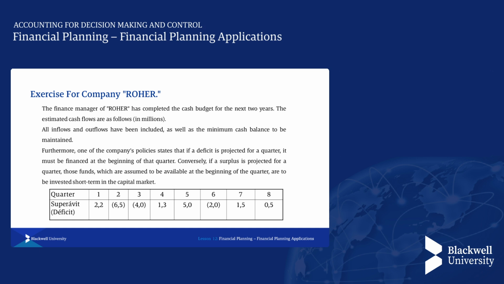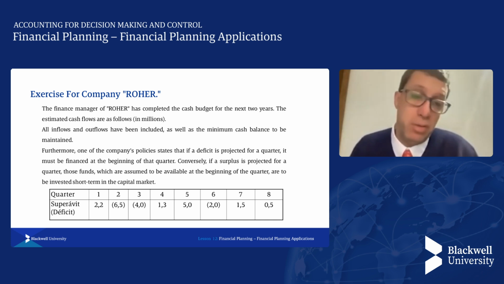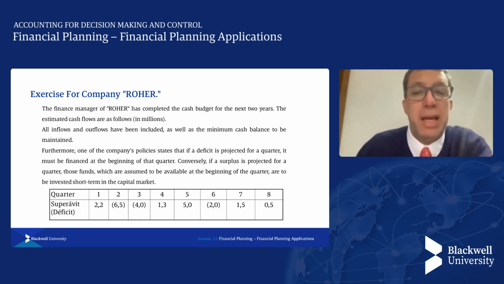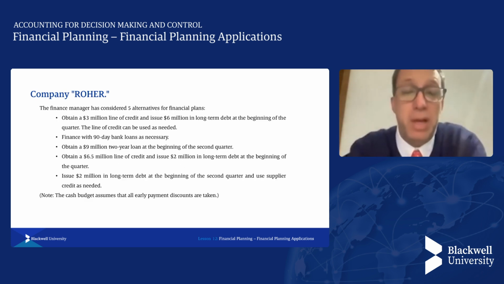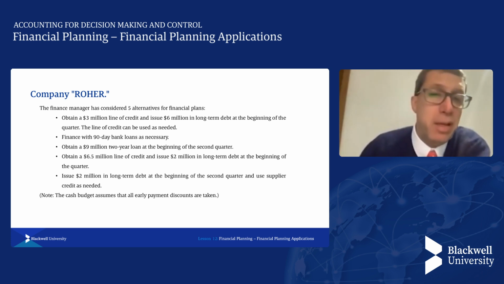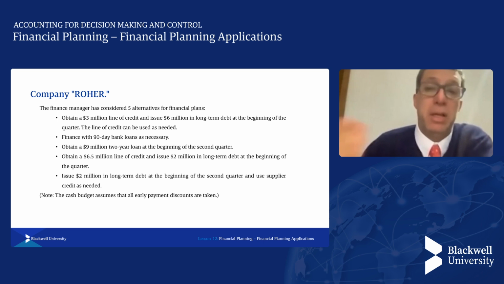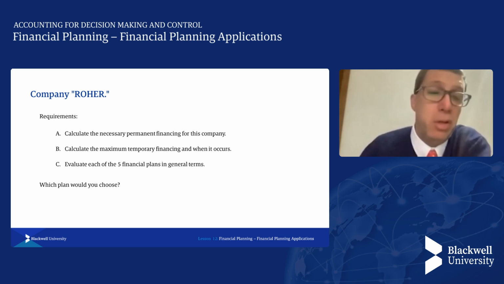And so that you can see it calmly, here we are presented with a company that has a projection for its cash flows for the next quarter, which has its deficit, and based on those flows, they present us with 5 financing alternatives, each with different characteristics, and then they ask us to calculate things like permanent financing, maximum temporary financing, evaluate these 5 alternatives, and see which one to choose.